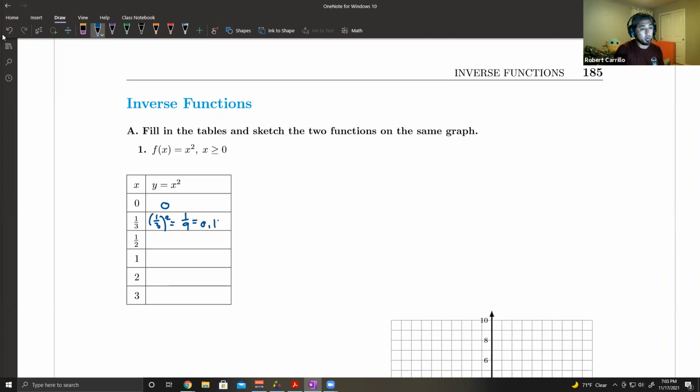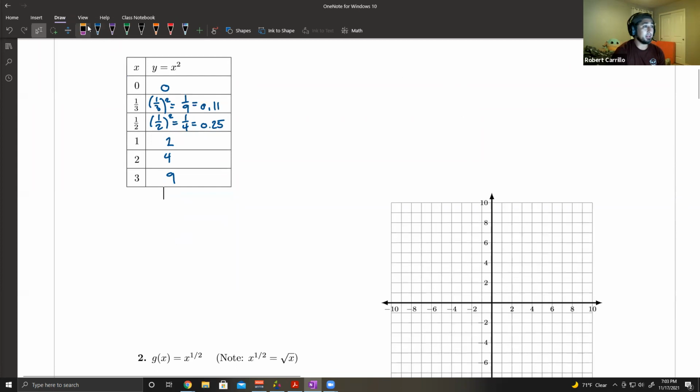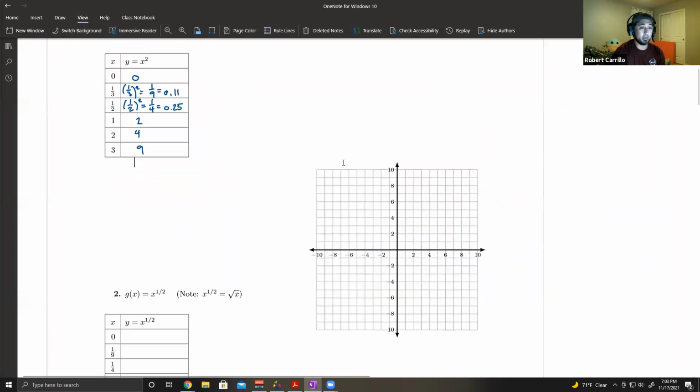So 0.11. And then 1/2 squared gives me 1/4, which is a quarter. And then 1 squared is 1, 2 squared is 4, 3 squared is 9. So those are the x and y values we will plot on this chart down below.